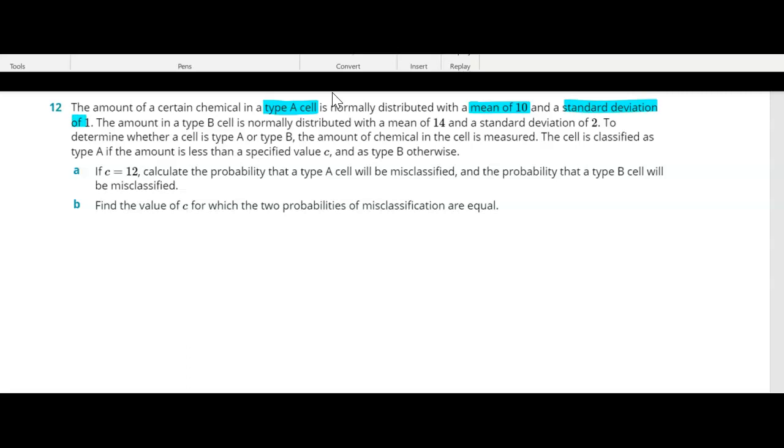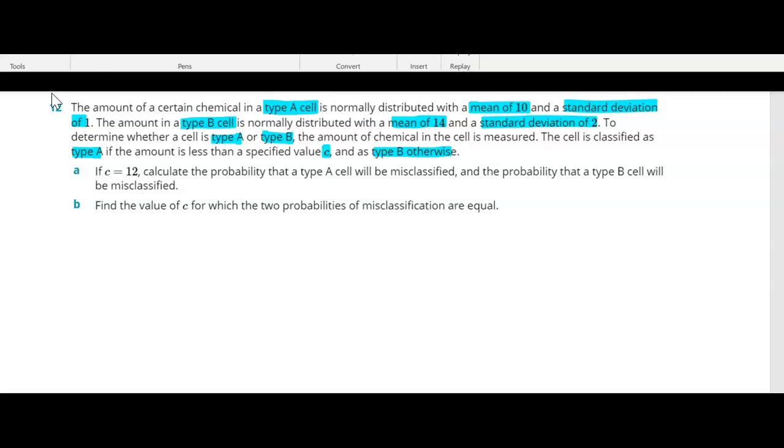The amount in a type B cell has a mean of 14 and a standard deviation of 2. To determine whether a cell is type A or type B, the amount of chemical in the cell is measured. The cell is classified as type A if the amount is less than a specified value C, and type B otherwise.